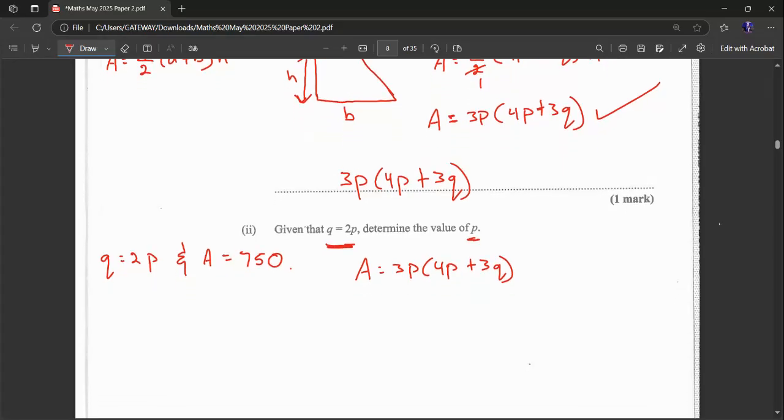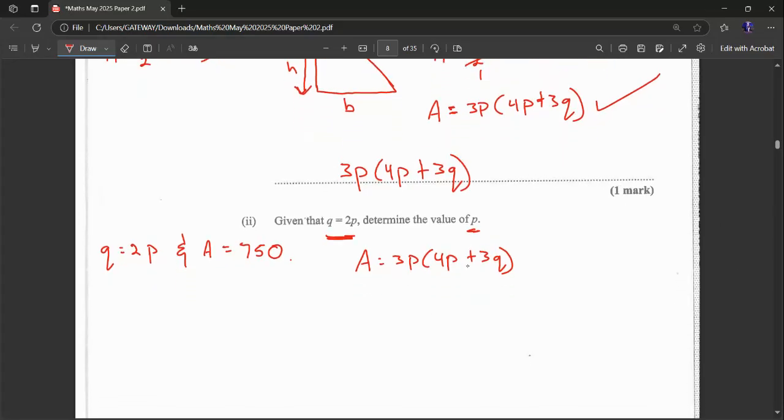Now what you could do here is simply expand this. So you will get 3 by 4 is 12, P by P is P squared. You multiply the 3P by each term inside the bracket. And then 3P times 3Q. So 3 by 3 is 9, so you have 9PQ basically. So that is the area there.